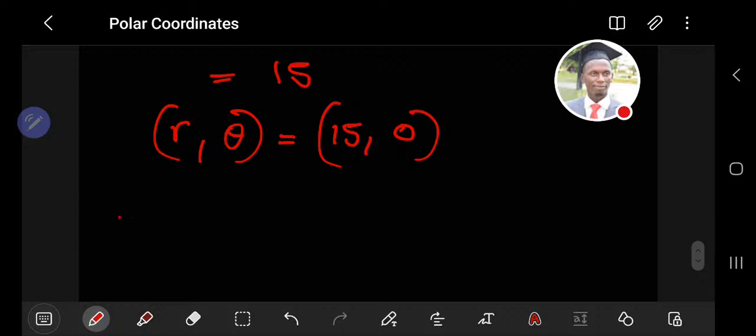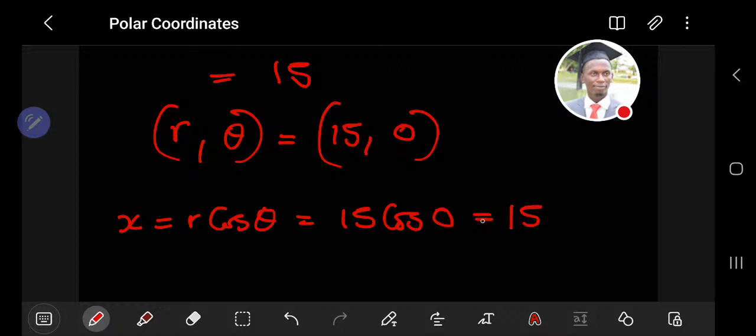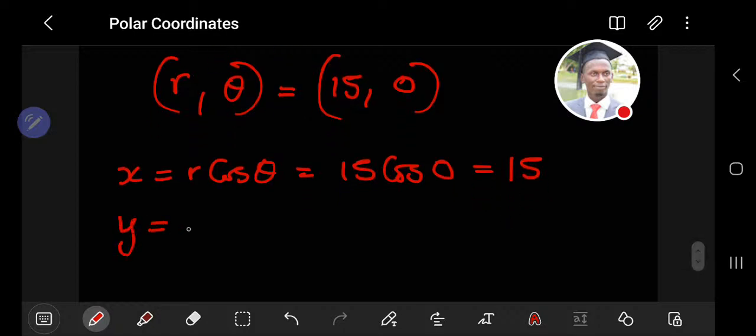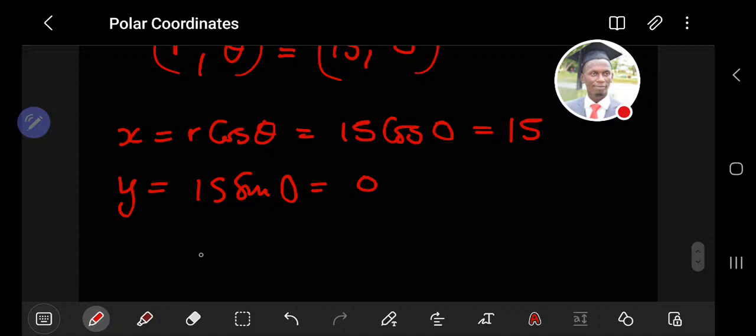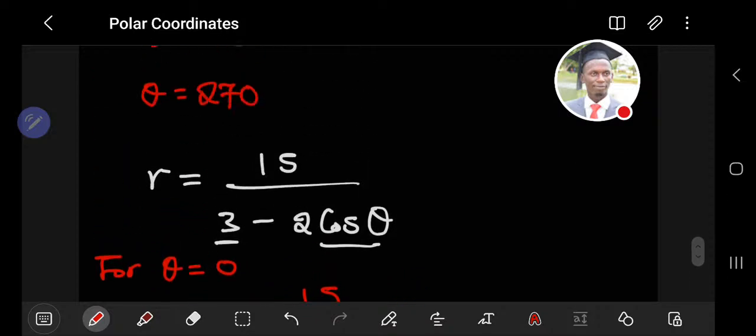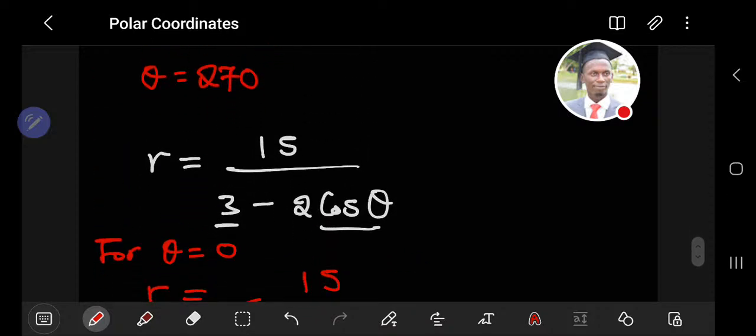So to easily translate, our x is r cos theta, so r is 15, the angle is 0, so this just reduces to 15. Our y, when you do the same thing, is 15 sine 0. Sine 0 is 0, so this is going to be 0. So in Cartesian coordinates, that is going to be 15 comma 0.